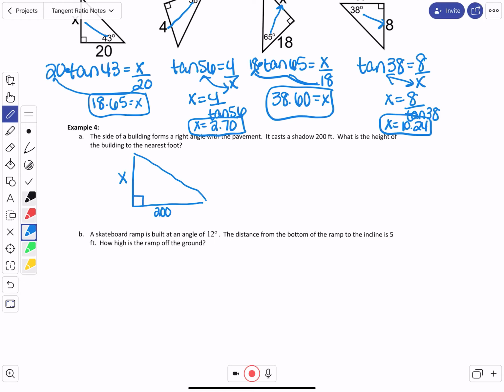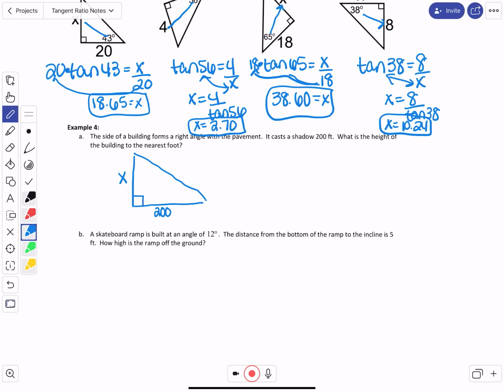I'm just going to call it X. I don't want to call it H because that could confuse us and we may think of hypotenuse. So I always just like to call my stuff X. Okay, it forms a right angle with the pavement. And let's see, I think I left out some information.